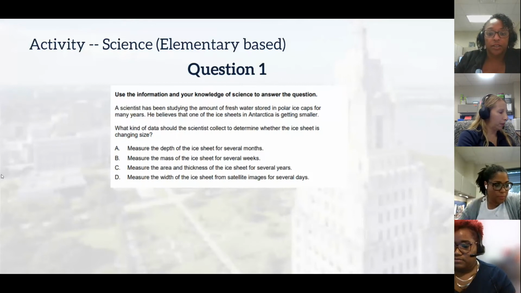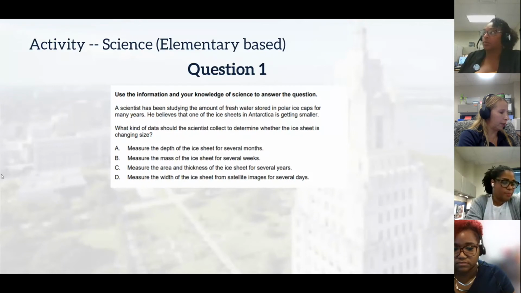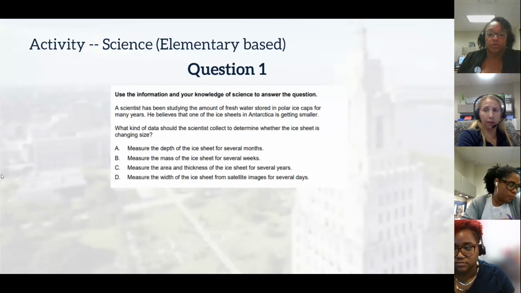It looks like a level 3 because it says that level 3 is identify research questions and design investigations for a scientific problem. So that's definitely a research question and an investigation for a design for an experiment. So I agree with Karen that it's going to be a level 3.